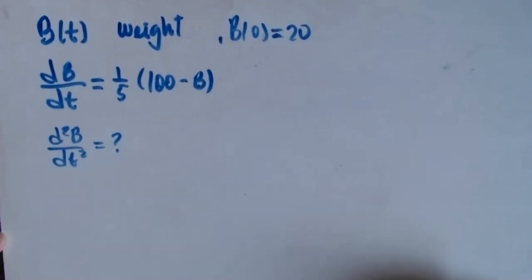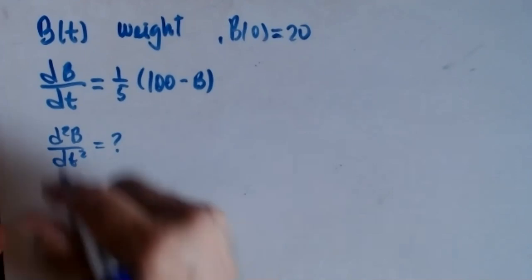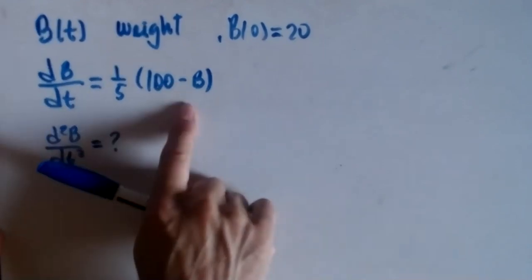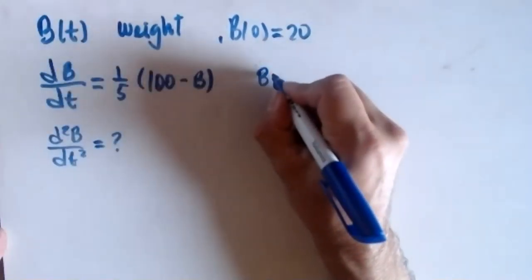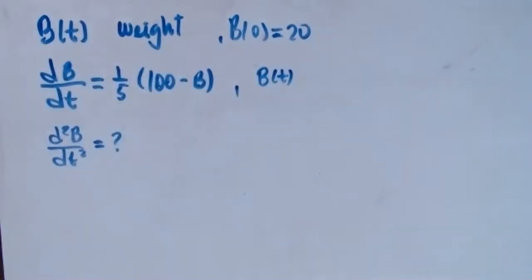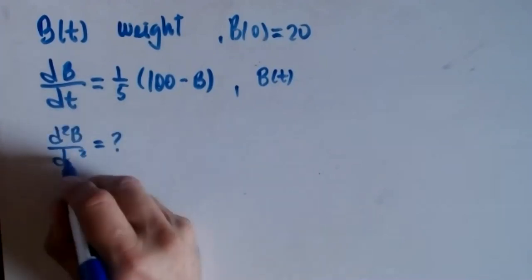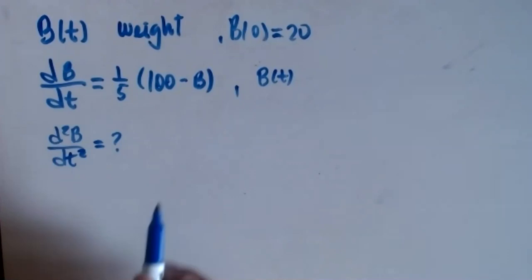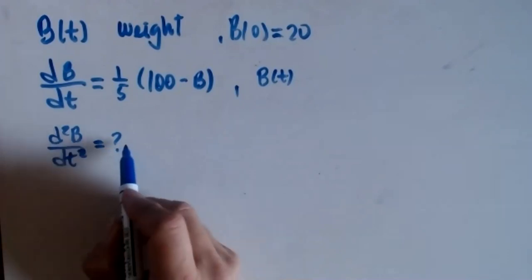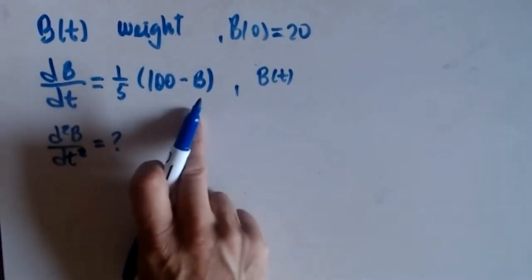What I know is this one, so I have to get this one. Remember, b is a function of t, correct? Let's see, the second derivative.